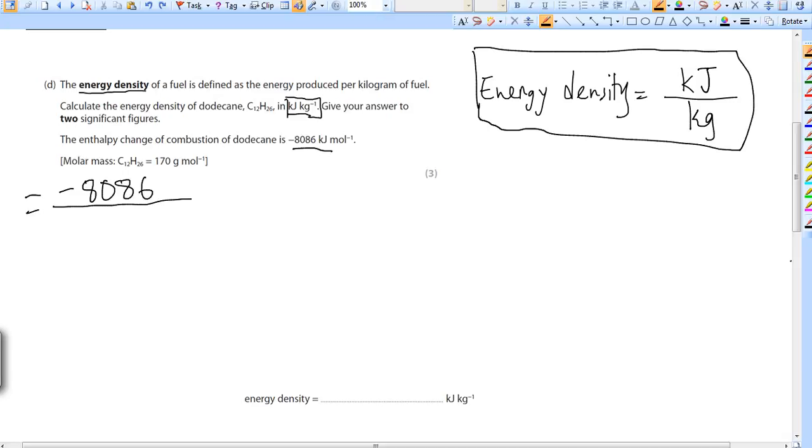Then we need to find the mass of what? Dodecane. Here the mass is given in gram per mole, so this is the molar mass. We need to use this mass.